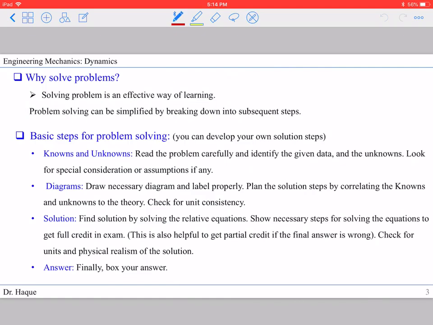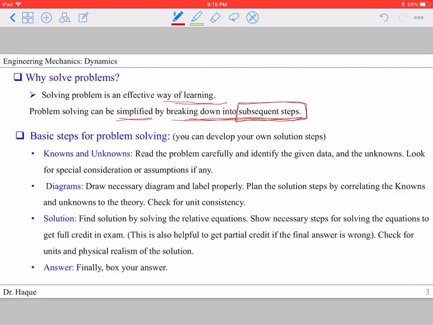So why do we solve problems? Solving problems is an effective way of learning. It is very effective for us to be able to understand and apply dynamics. Problem solving, like I said, can be much simplified by breaking down the whole problem into subsequent steps.